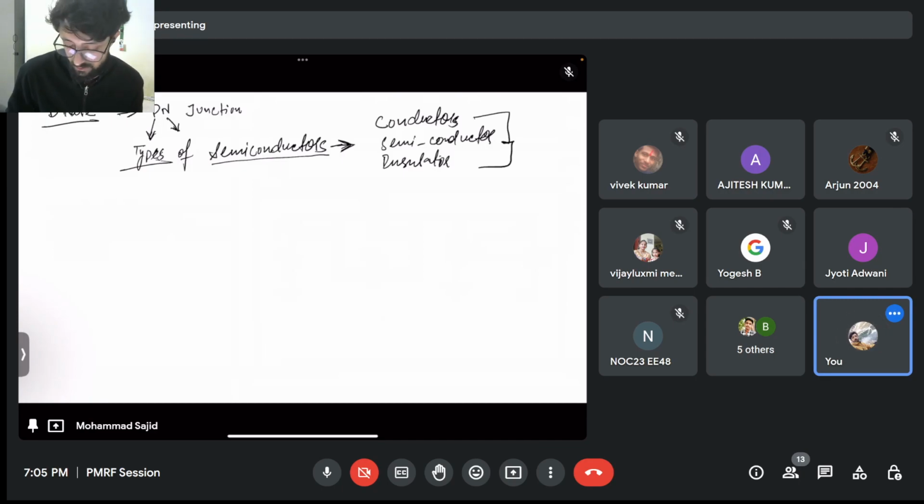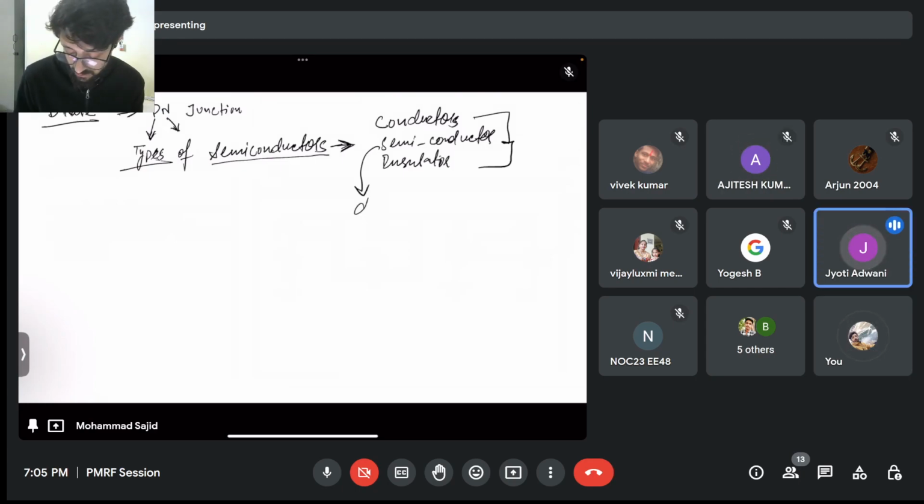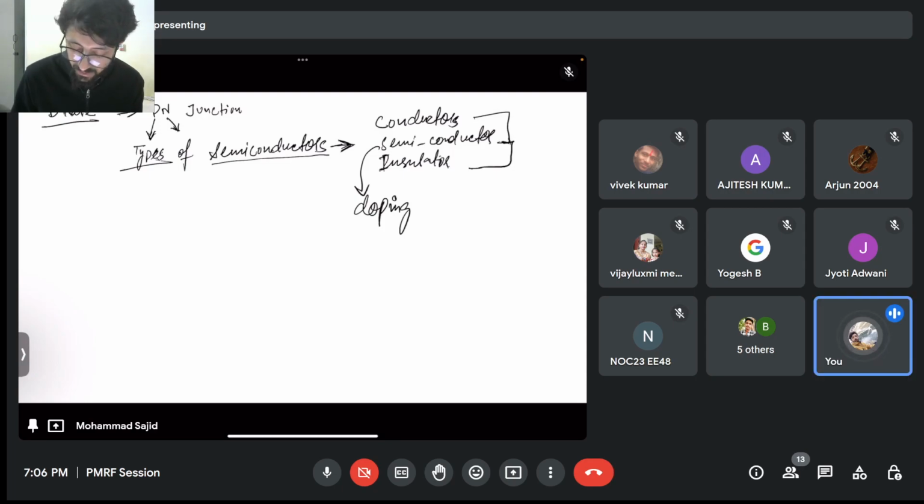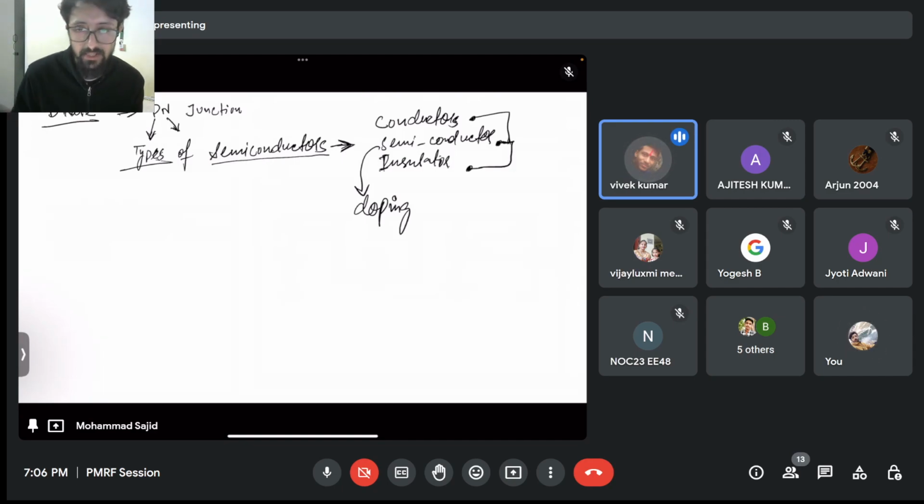Their properties can be enhanced by doping. Conductors are already conducting, insulators can't conduct, but semiconductors can be made to conduct by doping them. Nice. Do you also understand it in terms of band gap? About three electron volt energy gap, which depends on the type of material. You may not have studied it.